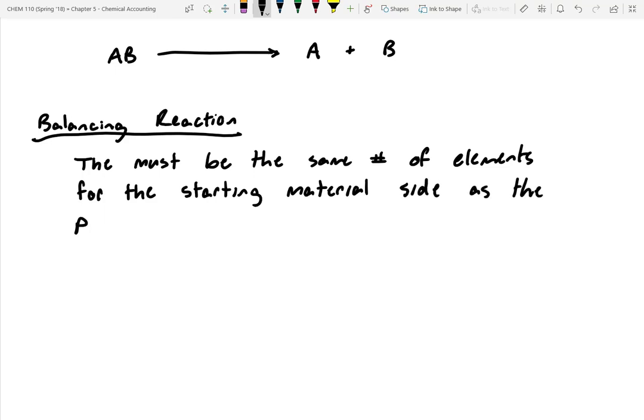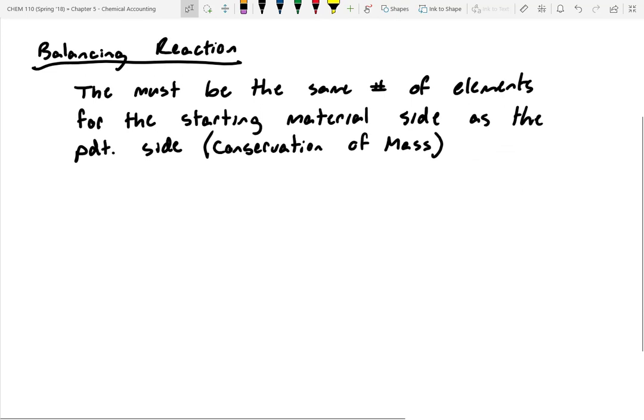And I'm just going to abbreviate product PDT. And really this all relates to conservation of mass, right? You can't really create or destroy atoms short of doing some sort of nuclear reaction.